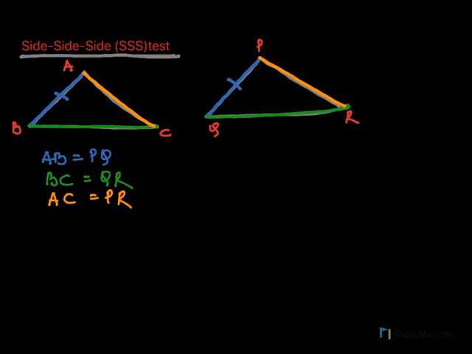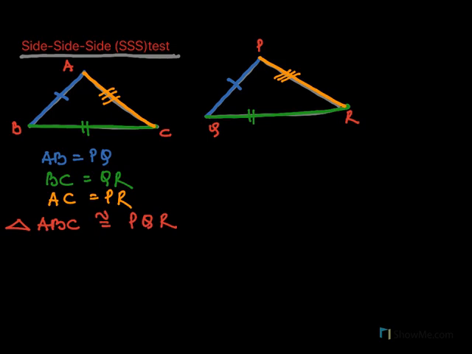So if three sides of one are equal to three sides of the other, that means we can say ABC is congruent to PQR.